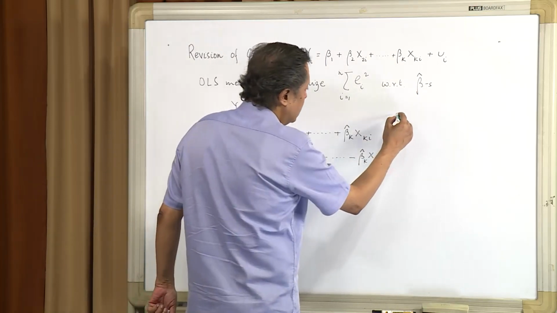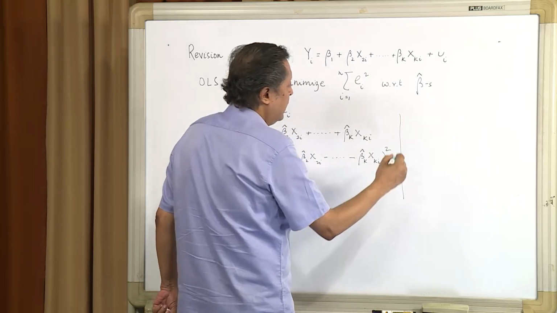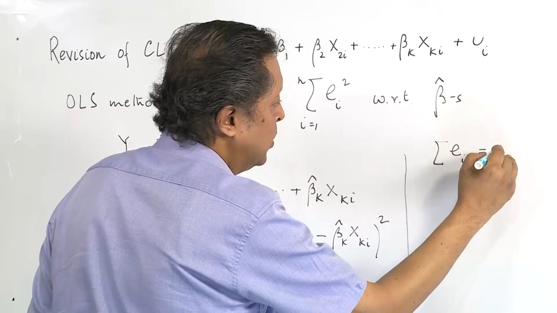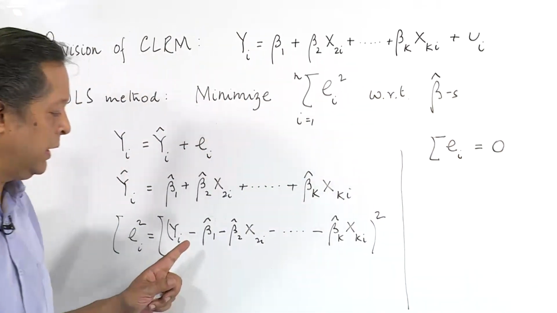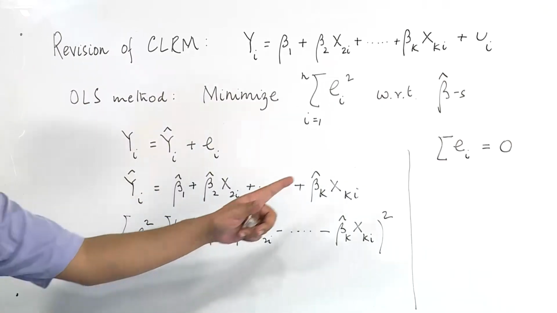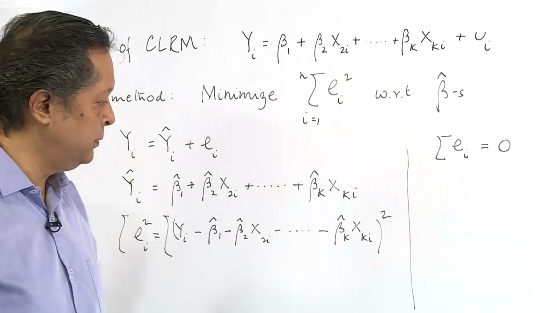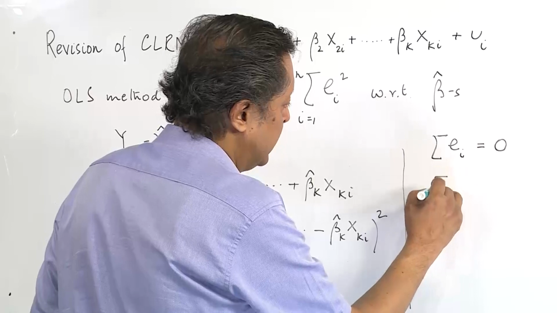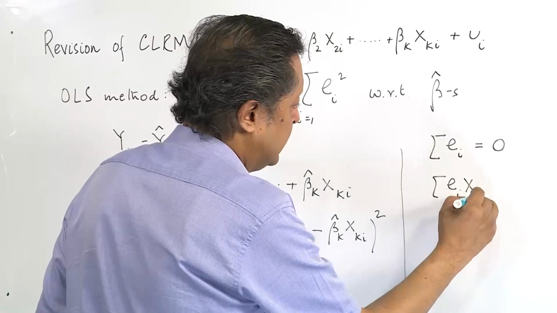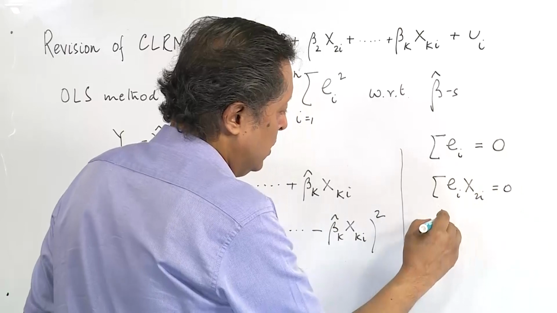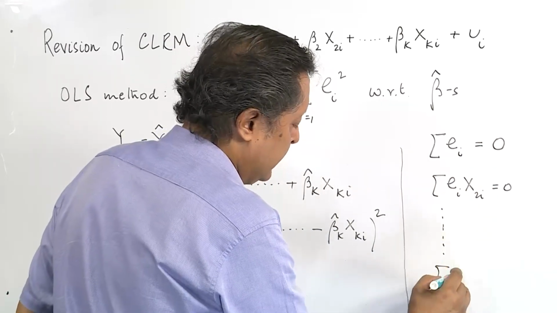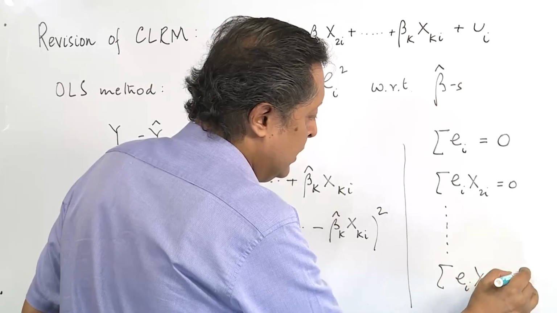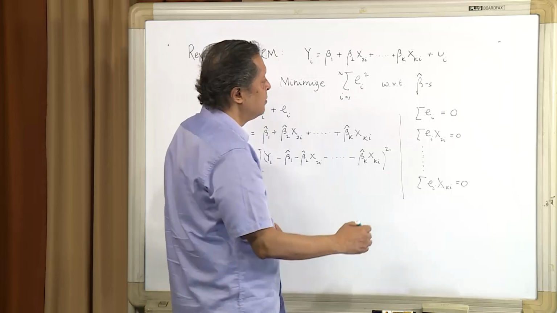This gives us the normal equations. First, you take the derivative with respect to beta 1 hat, it gives us summation ei equal to 0. Take the derivative with respect to beta 2 hat, that would give you summation ei x2i equal to 0. So on and so forth, you would get summation ei xki is equal to 0.